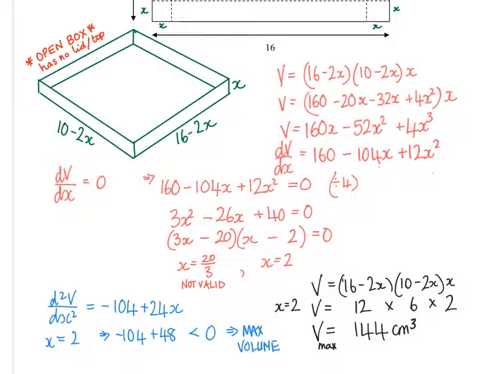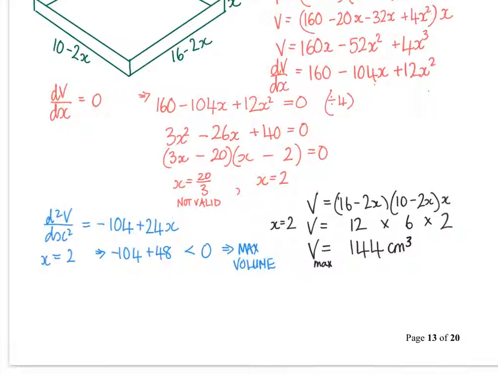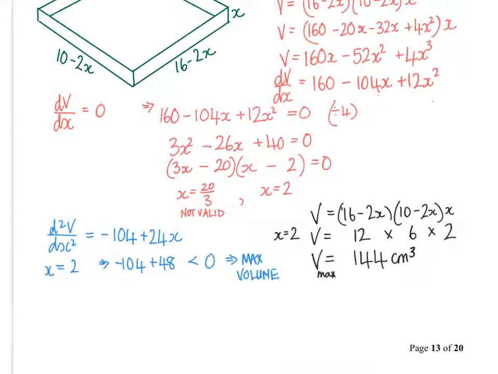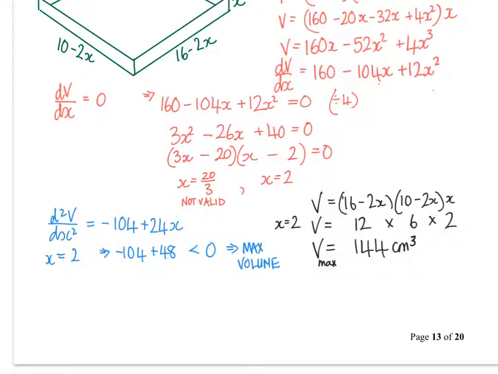Okay, what I would like you to do then, if you move to the bottom of this page, you will see the questions that I would like you to do.